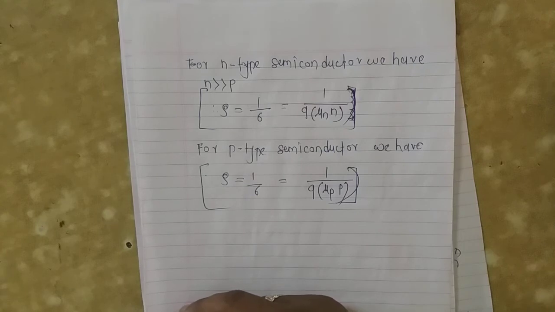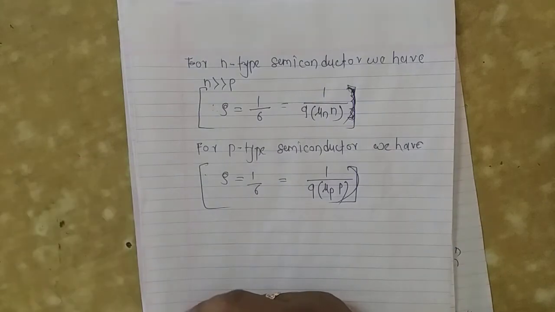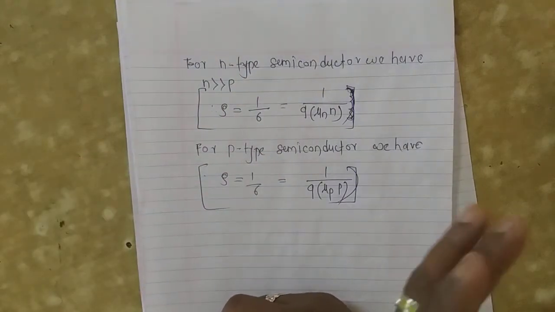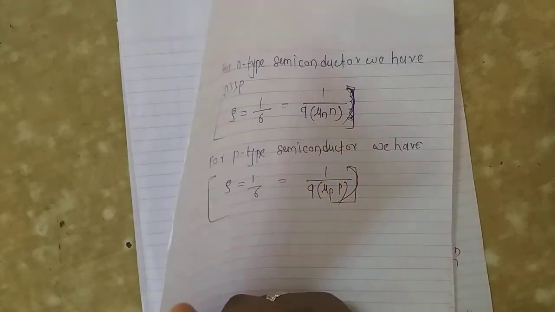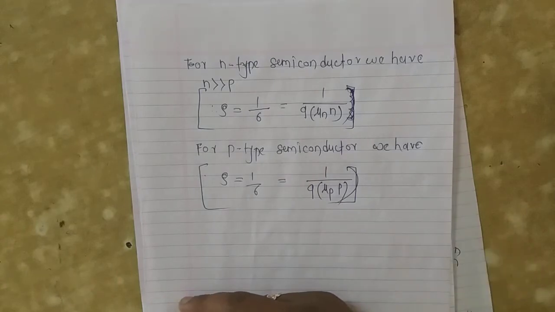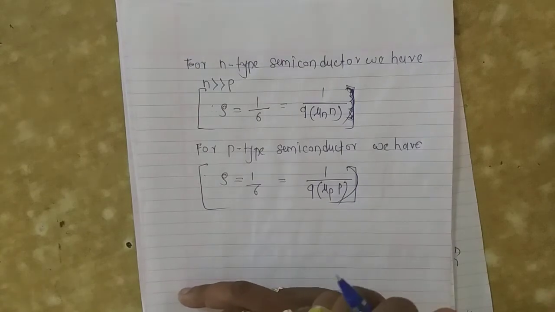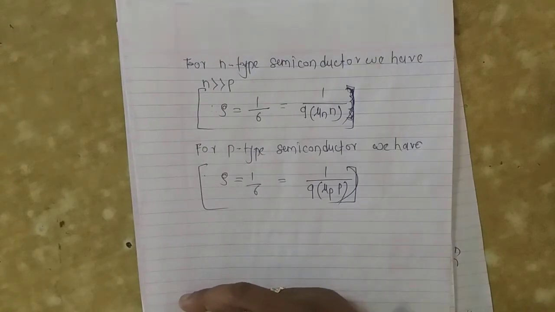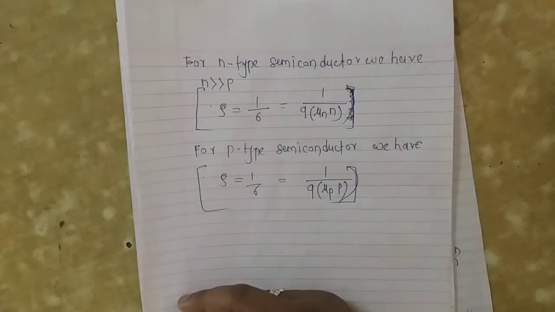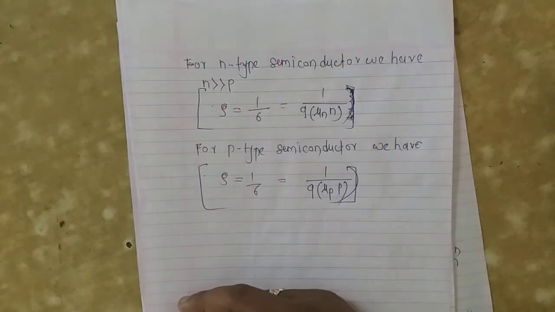And in intrinsic semiconductor, what do we do? We are not adding impurity. Intrinsic semiconductors are the pure semiconductors, but in extrinsic semiconductor, when impurity is added to the pure semiconductor, that method is known as doping.